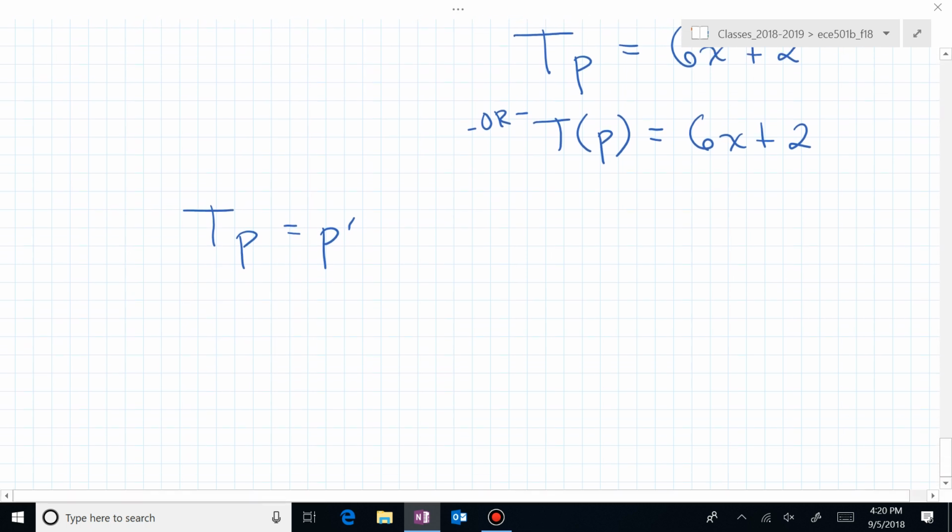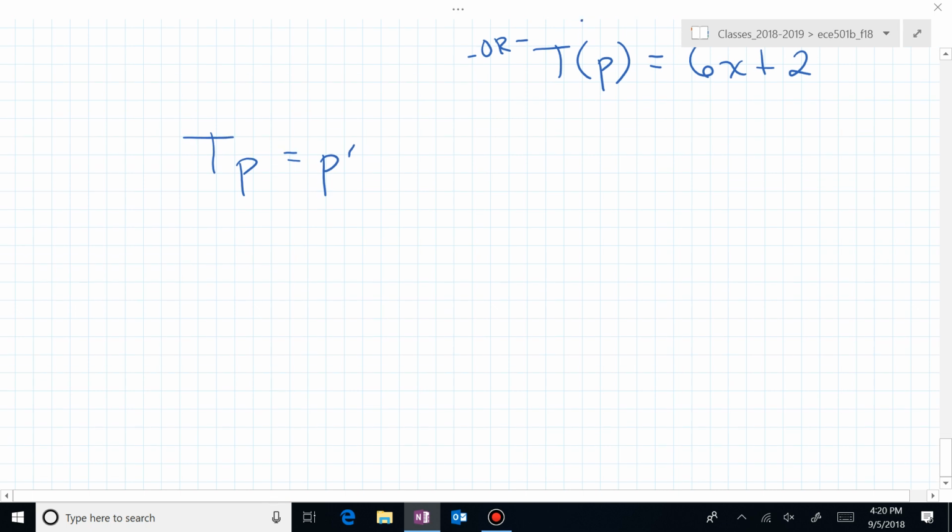Does that actually satisfy the two properties of a linear map? And the two properties were additivity and homogeneity. And we can check that. Additivity.